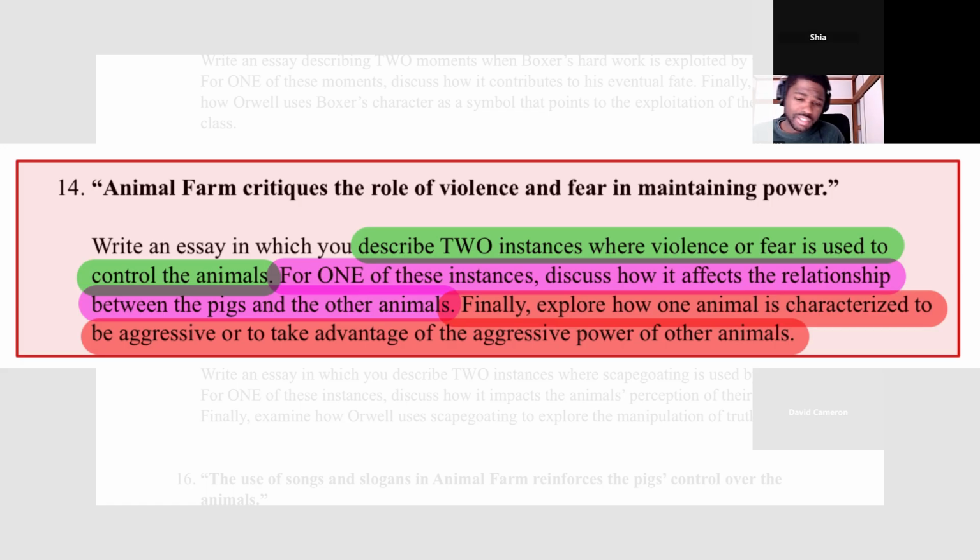That widened the gap between the pigs and the other animals even more, because now it's very clear that if you oppose them, you risk dying. And for the last part, I have Napoleon taking advantage of the 9 dogs, training them and then using them to control the animals and to assert military might over his subjects. So yeah, I think we're all kind of in the same ballpark with the ideas. Pretty good. Good run.